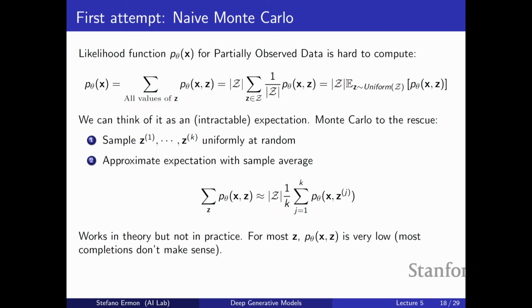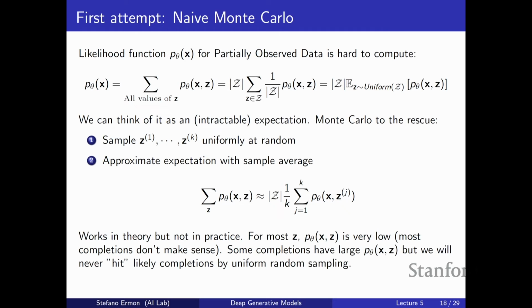If you think about randomly guessing z's, most likely you're not going to hit the values of z that have enough probability under the joint. Most of the completions that you guess by choosing uniformly at random don't make sense, so they would have a very low value of p theta. Although this is technically an unbiased estimator, the variance would be so big that it's not going to work in practice.